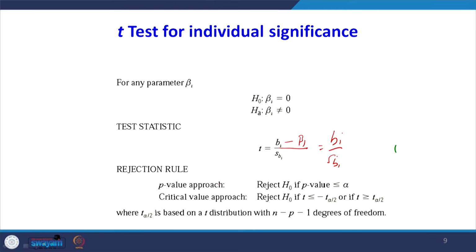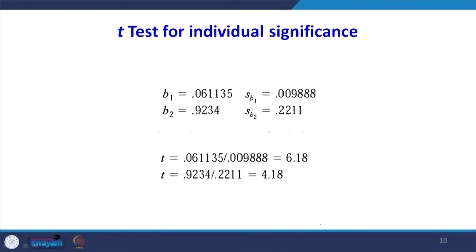That value we can get from this output. So, for the p value approach, reject H naught if the p value is less than or equal to alpha as usual. Critical value approach: reject H naught if the t value is below the lower tail or above the upper tail. Here t alpha by 2 is based on the t distribution with n minus p minus 1 degrees of freedom. Okay, we will do that one.